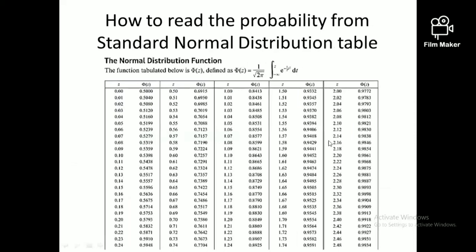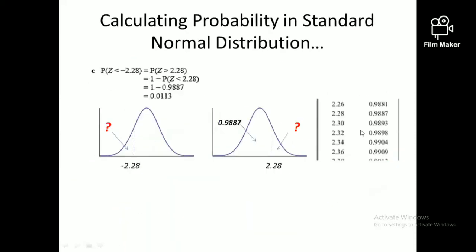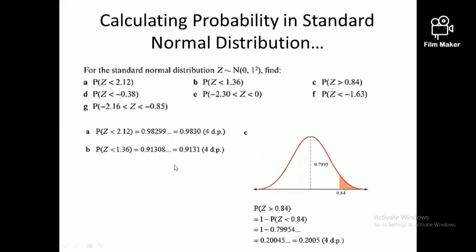If you refer to 2.12, it's 0.9830. So that is the probability of Z is less than 2.12, correct to 4 decimal points. If you want to get Z is less than 1.36, if you read 1.36, you can get the answer similarly.